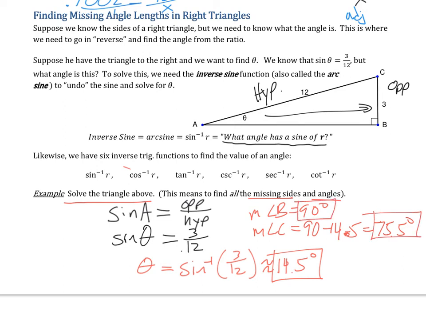Okay, so there's 90, 75.5. And last but not least, we need to find this third side. So let's call this x here. We've got x squared plus 3 squared equals 12 squared. So x squared plus 9 equals 144, and 144 minus 9 is 135. So x equals the square root of 135.